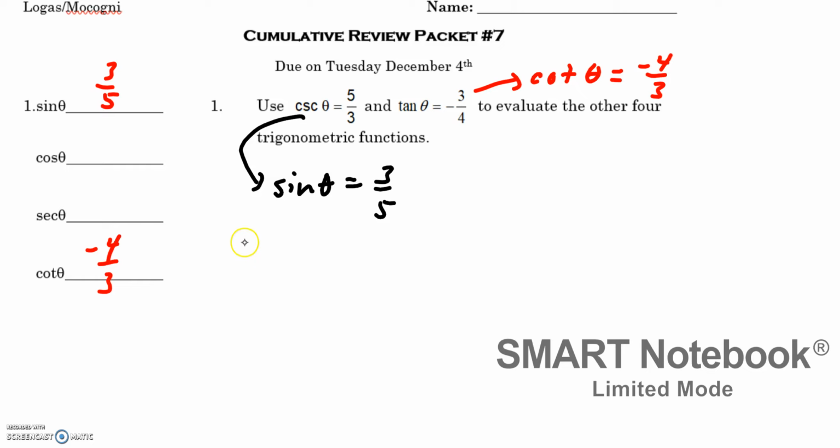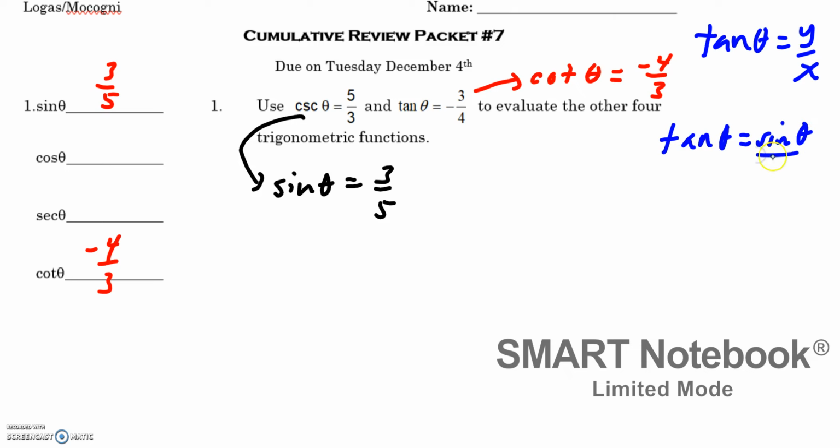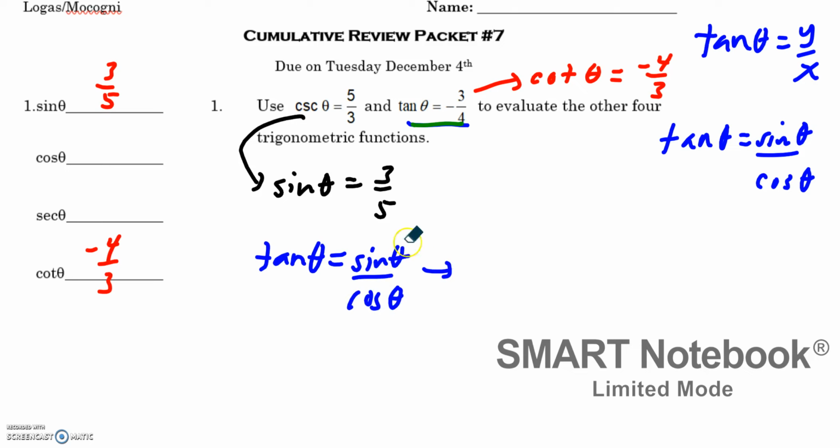And from the trig identities videos, we know from Unit 3 that tangent of theta was equal to y over x. So it would make sense, because y is sine, that tangent of theta is equal to sine of theta divided by x, or cosine of theta. So since I know that this identity is true, tangent of theta equals sine of theta over cosine of theta, I also know that this must be true.